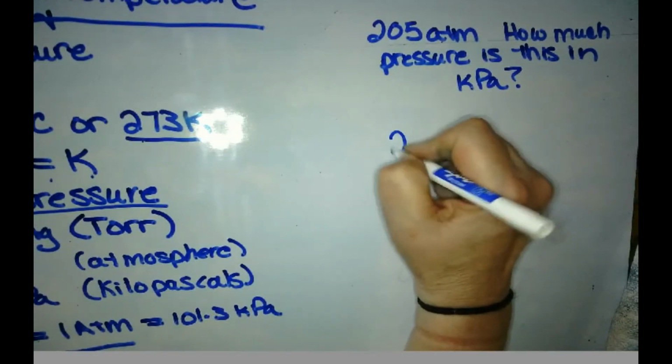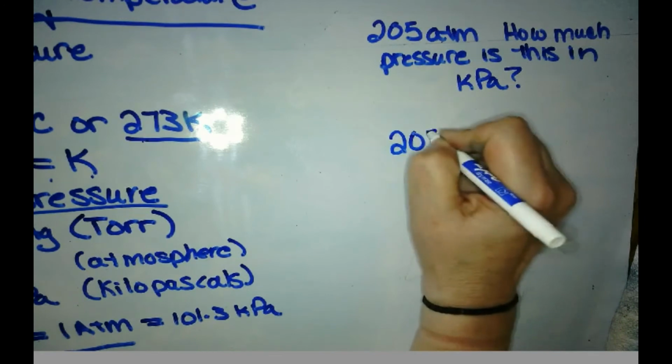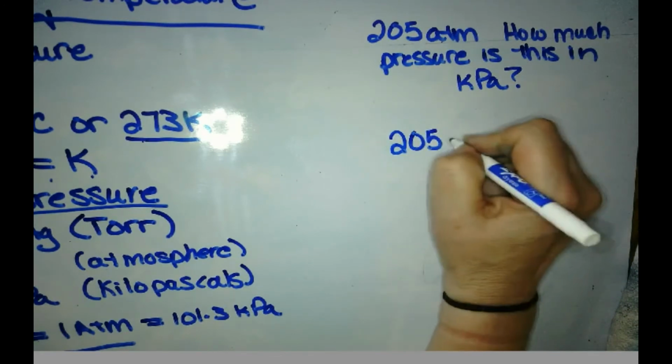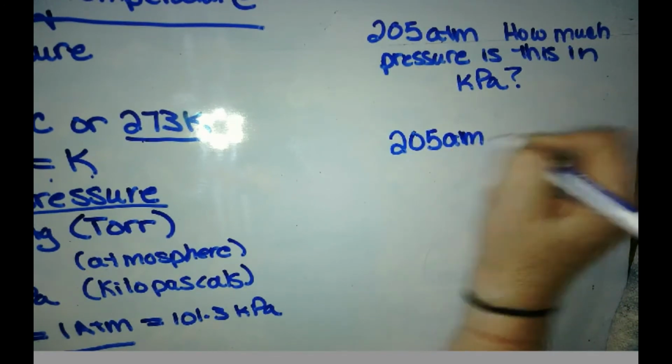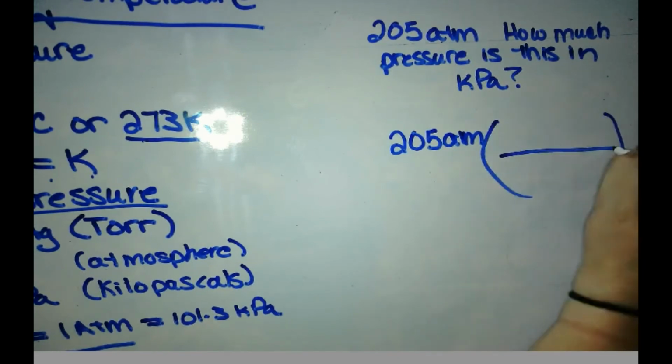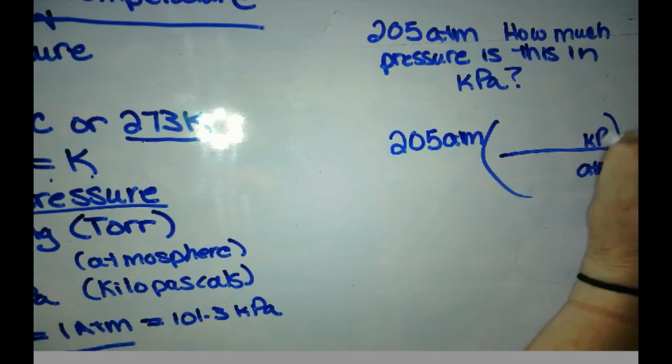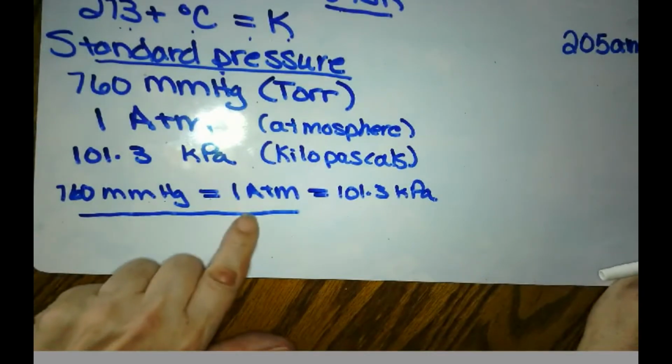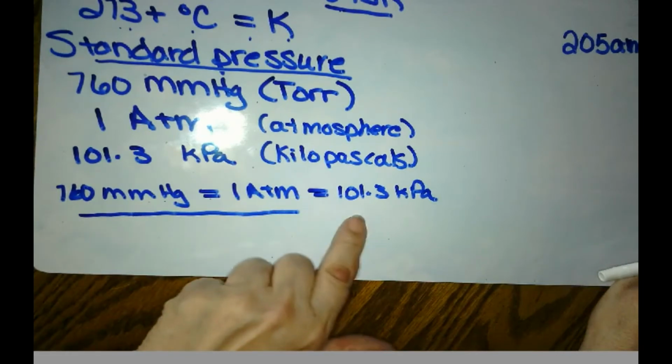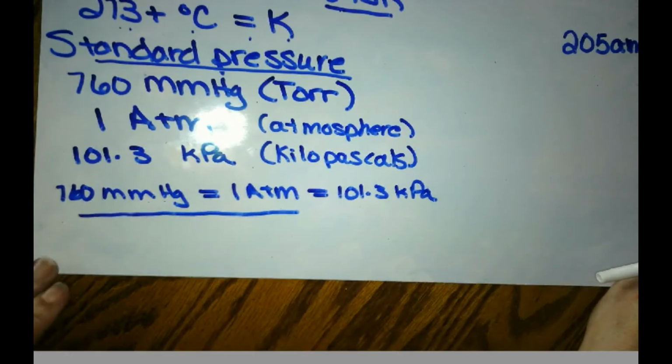You guys aren't writing units and then you write your conversions upside down. This unit tells me that whoop whoop, I'm going to convert it, and my atmospheres are going on the bottom and my kilopascals are going on top, and then I just look at what is true. 1 atmosphere equals 101.3 kilopascals.